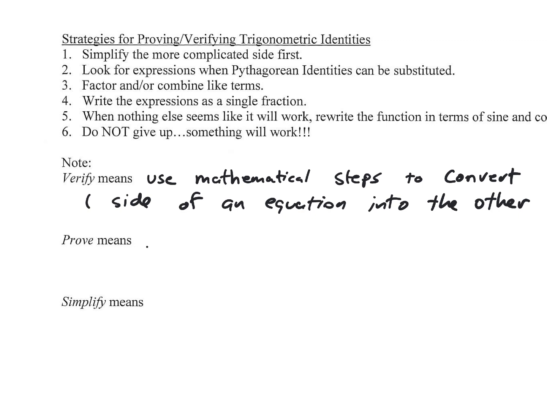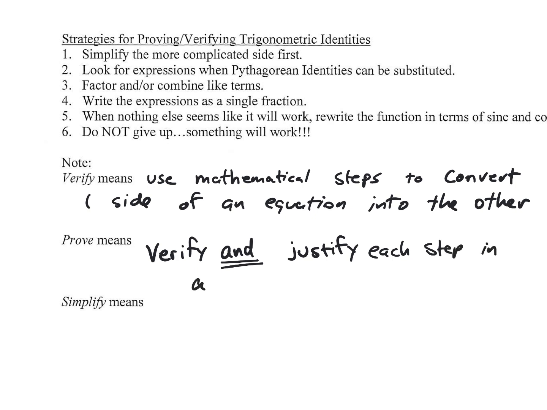But when we prove, we verify and justify each step in a 2-column proof. So verify and prove, there's a lot of similar moves we're going to make there.